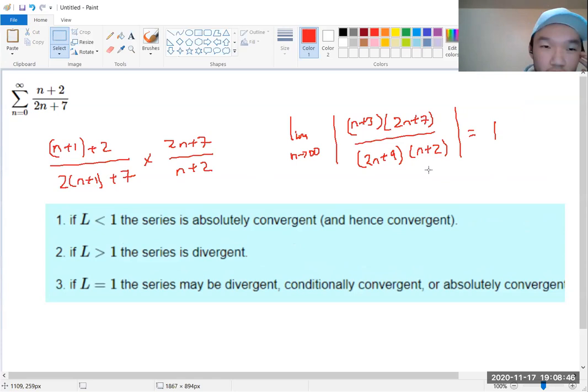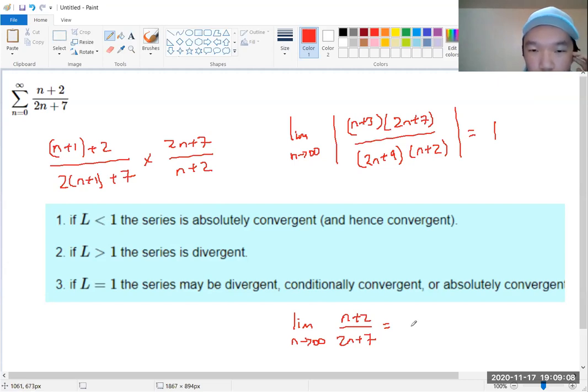Divergence test. Okay, you seem confident in the speed you used to suggest that. So if we were to do the divergence test, we take the limit as n goes to infinity of n plus 2 over 2n plus 7.